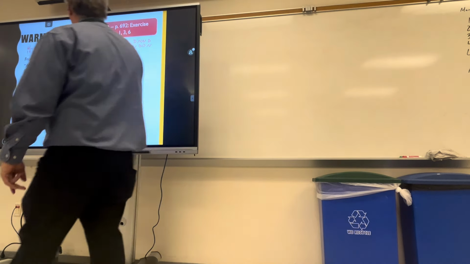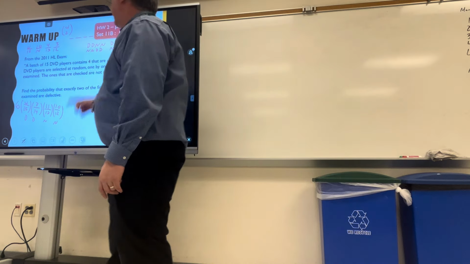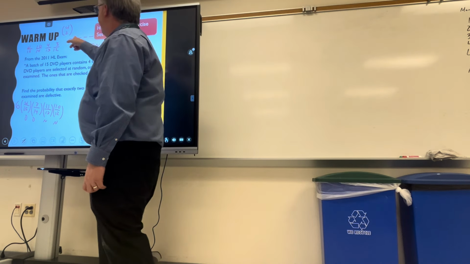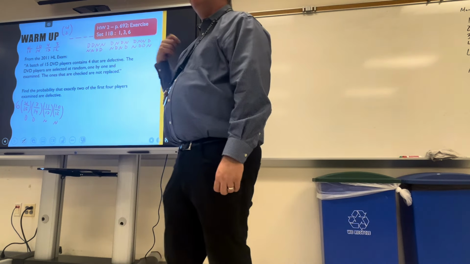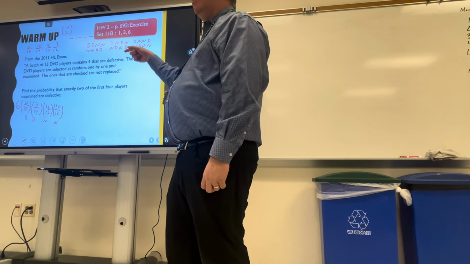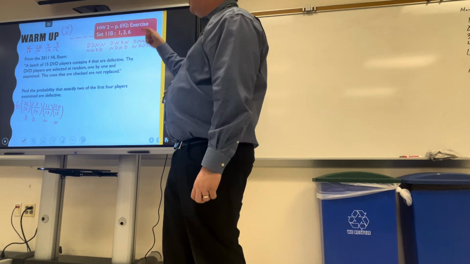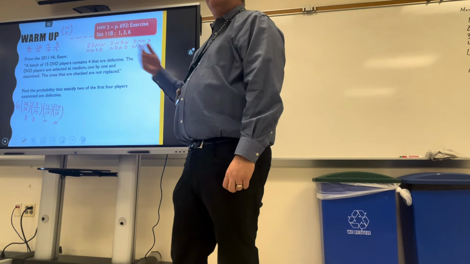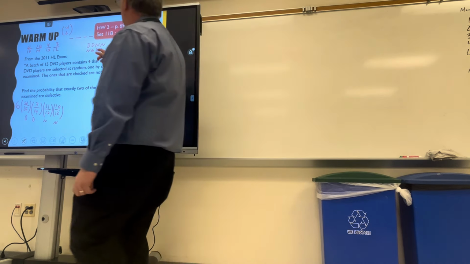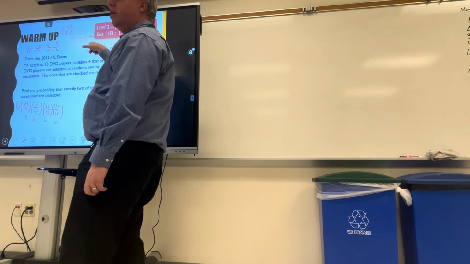The way that I would think of it is, think of it as you're filling slots, right, with D's and N's. You have 4 slots, and you have to pick 2 of the slots for where the D's go. But once you put the D's in place, the N's automatically go in the other places. So once you've chosen the D spots, then the N spots are determined, right? And you're going to choose 2 of the spots because you want 2 of those slots to be filled with D's, right?